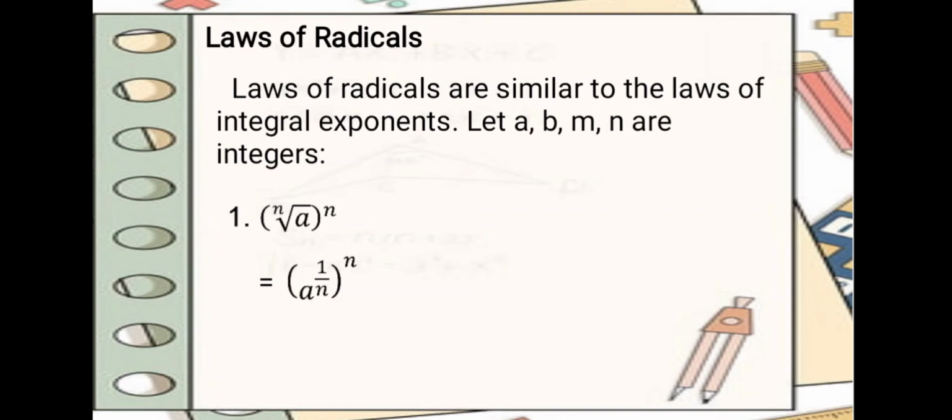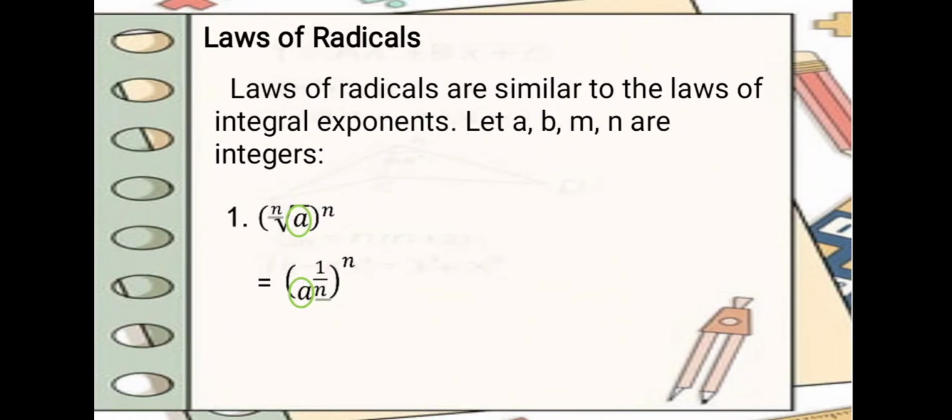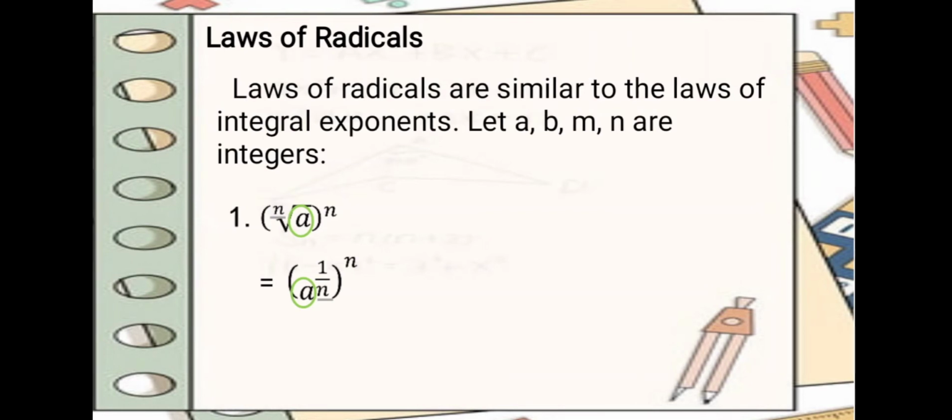So, paano naging ganyan? Yung radicand natin na a, siya yung naging base natin. Yung index na n, siya naman yung naging denominator. At yung exponent ni a, di ba wala tayong nakikitang exponent? Automatic 1 yun. Kaya, from nth root of a na nasa loob ng open and close parentheses, naging a raised to 1 over n. And then, yung exponent sa labas, syempre, dun din natin siya ilalagay.